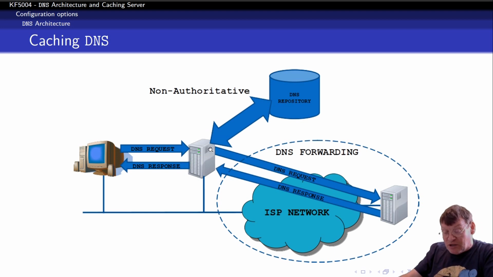So our DNS machine will go off to those servers that we've specified and ask them for a result, and they will try to get that result for us and return it. One of the things it also does here, which is quite helpful, is that when a request has been forwarded and a result comes back, the server can do two things. If it receives a result that says the name doesn't exist, it will store that and also tell the client machine that the URL you just looked up doesn't exist.